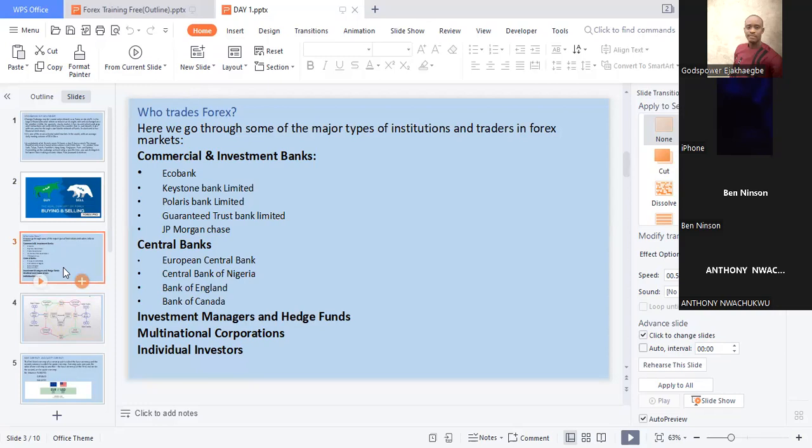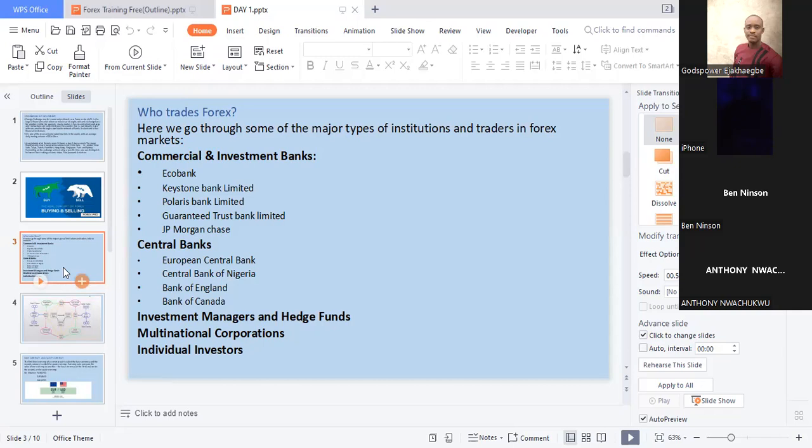Examples of central banks are the European Central Bank, Central Bank of Nigeria, Bank of England, Bank of Canada. These are the central banks that trade forex. Which other banks are we looking into? Echo Bank, Keystone Bank, Zenith, GT. All these are commercial banks.